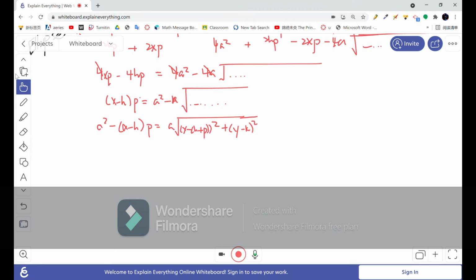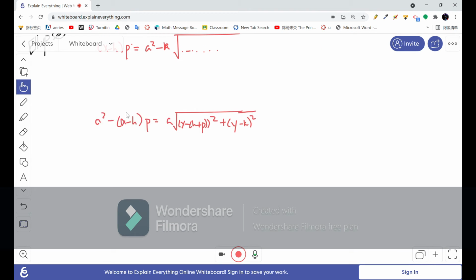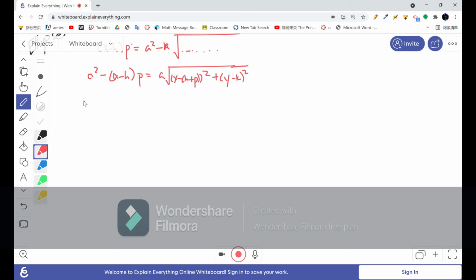So we get that this is equal to a to the 4th minus 2a squared p times (x minus h) plus (x minus h) squared p squared, which is equal to a squared times (x minus h plus p) squared plus (y minus k) squared.